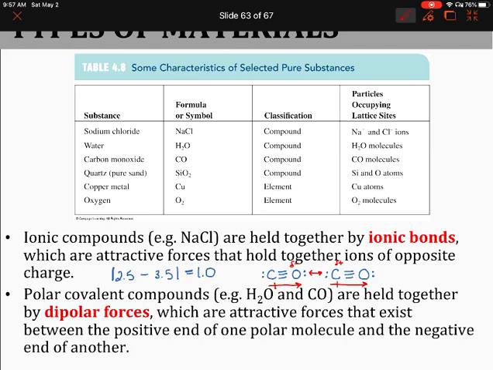And that goes for other polar molecules as well. They're going to orient themselves in such a way that the positive end of one molecule is facing the negative end of another molecule.